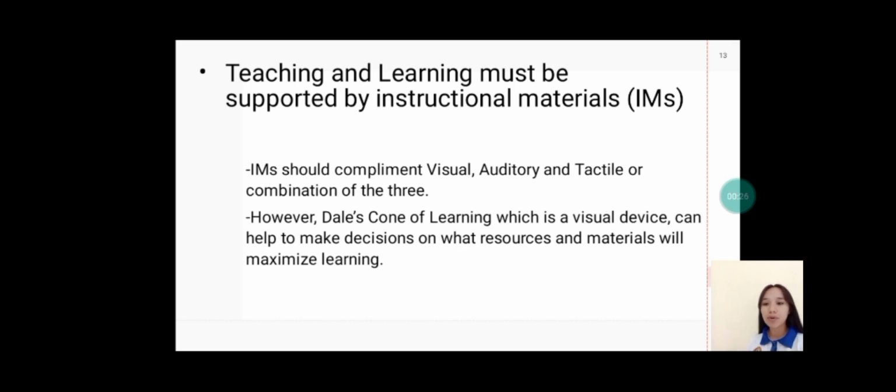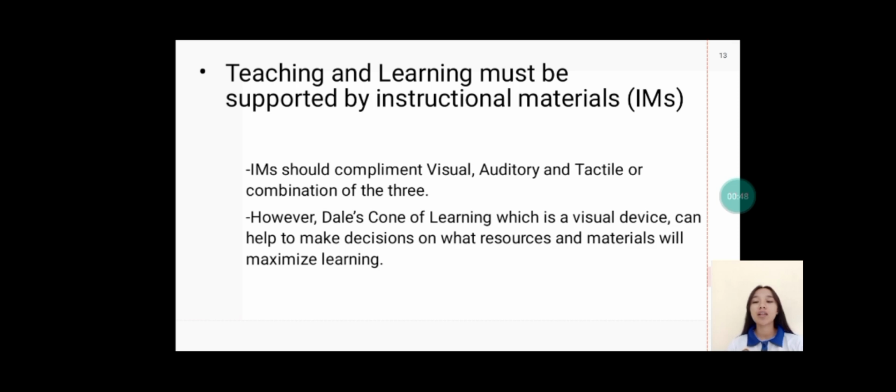So it is important to consider the teaching methodologies or strategies that will be used, as this will ensure the individual differences will be catered to. So instructional materials should complement visual, auditory, and tactile, or a combination of the three.